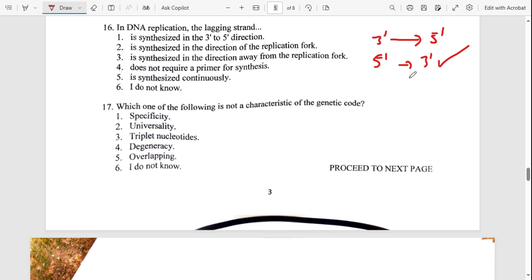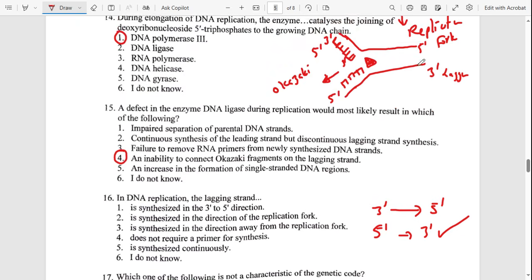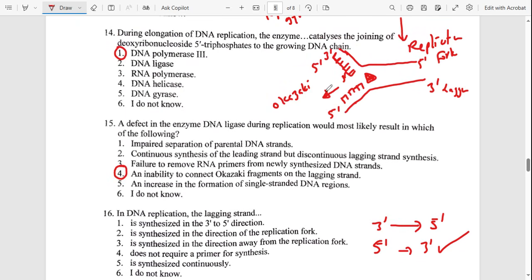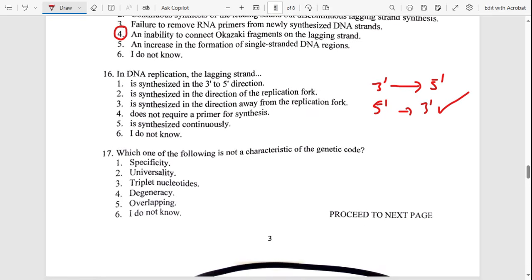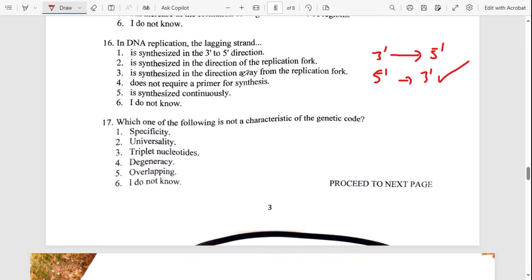Therefore, the new chain synthesized from the lagging strand is going to be from 3' to 5'. Okay, that's a thing. So is it synthesized in the direction of the replication fork? No. Look at the way I've written an arrow. It is going downwards. It is away from the direction of the replication fork.